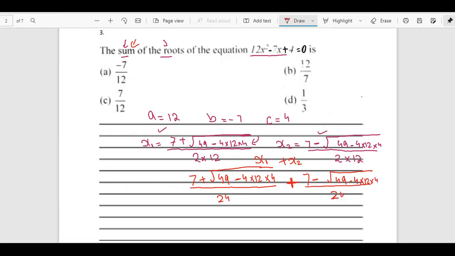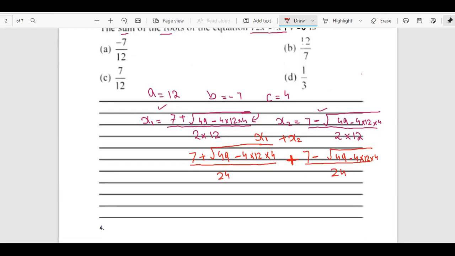Now I have two fractions whose denominator is the same, so I can add these up directly. By simply doing this, I have 24 in the denominator and 7 plus 7, and then this term and this term would be cancelled because I have a minus sign and a plus sign.